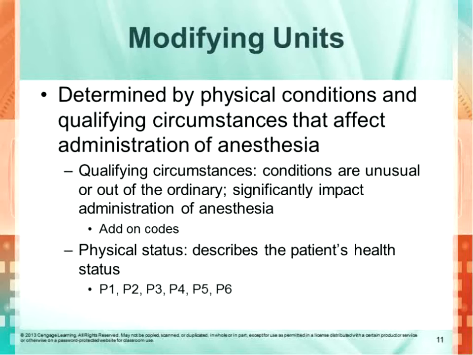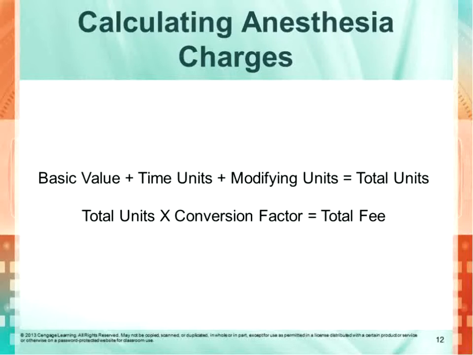If you look over in your right-hand column, you see units assigned to your physical status modifiers. Normal healthy patient is 0. That brain dead patient, P6, is 0. P5 has 3, and so forth. So that's going to be the unit you'll plug into the formula. Again, this is looking at the patient's health status. That's what your physical status modifier is.